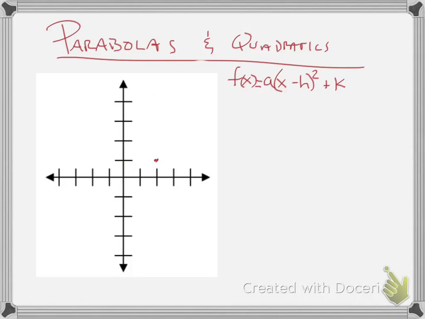and I'm just going to do a slightly different graph of a parabola. So we have the vertex, which we've talked about, and it's either the highest point or the lowest point on the graph, and the coordinate of the vertex is going to be (h, k), part of the formula or the equation.